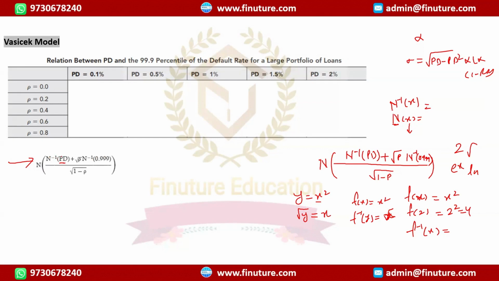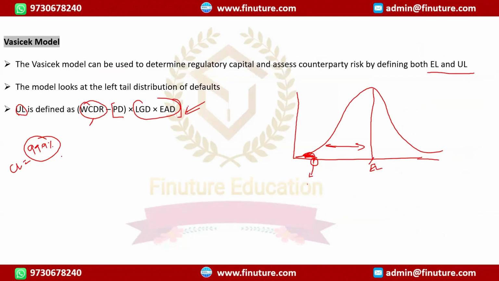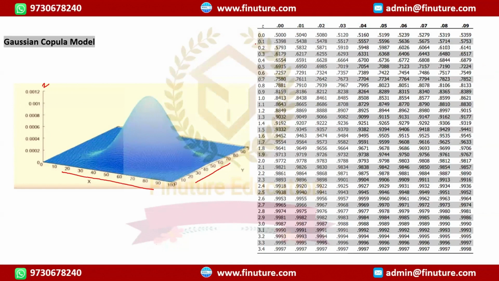Are you following? See this table. If I'm given a z value and finding the probability, that is a direct function. So I'm finding N of z, that gives me some probability. When I calculate N inverse of probability of default, that will give me the corresponding z value. Making some sense?